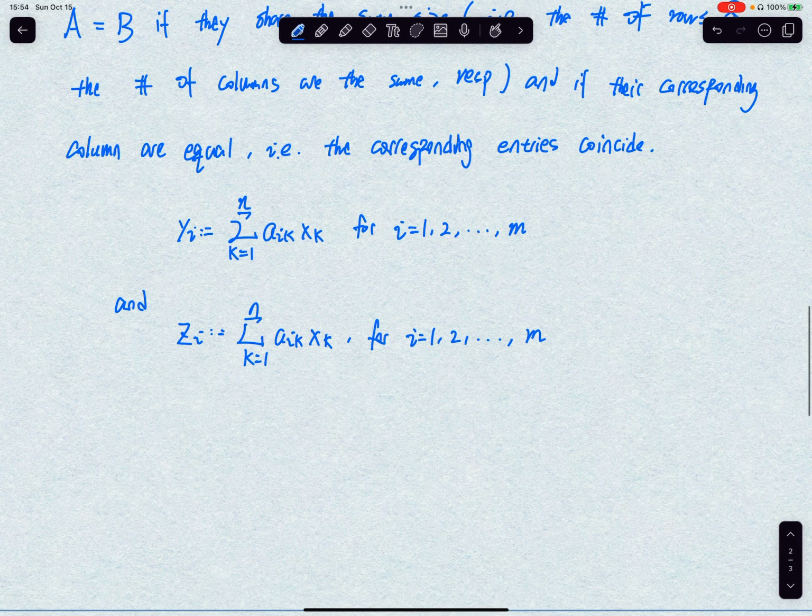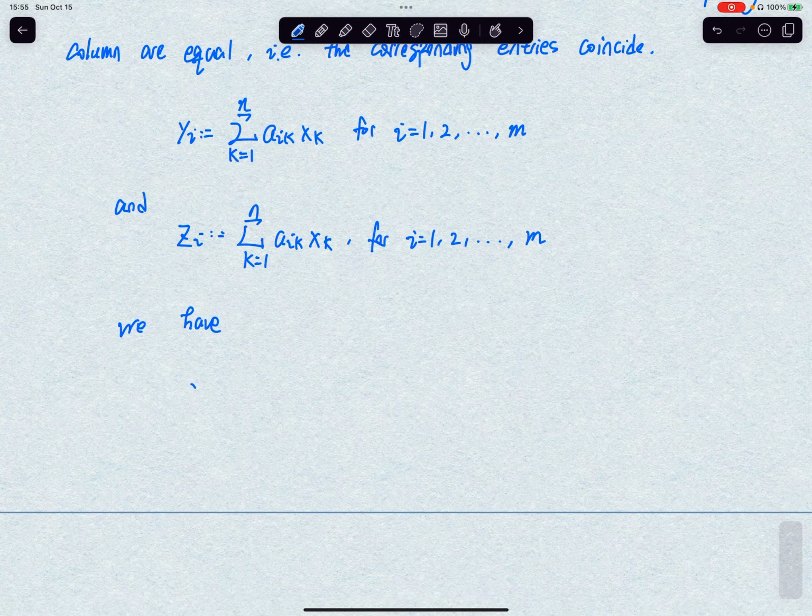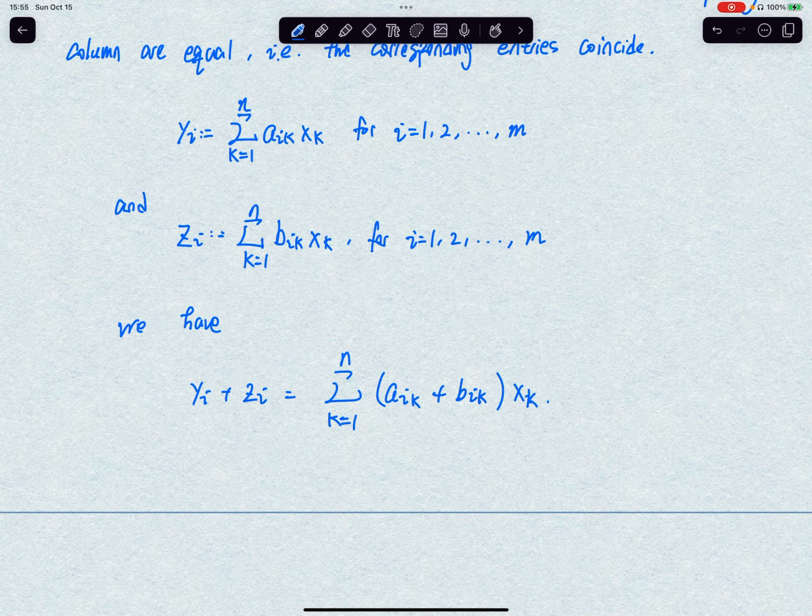And we have that yi plus zi equals the summation k from 1 to n of aik, sorry, this coefficient means bik. So aik plus bik, and together their summation times xk. So this leads naturally to the definition of the addition of matrices.